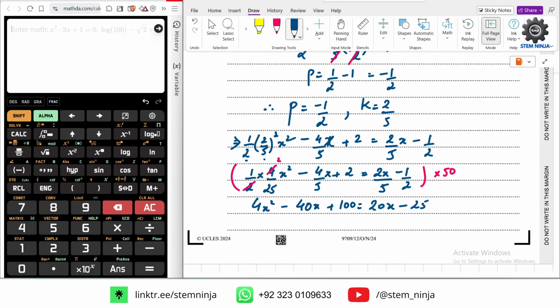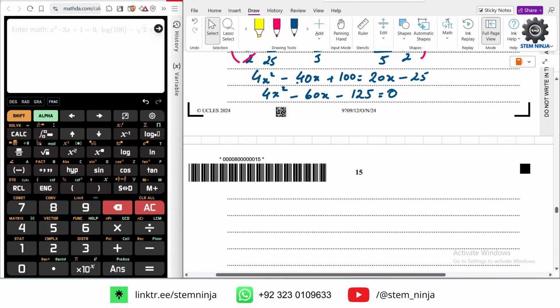So 2 over 25 times 50 will become this. So then we will get 4x squared minus 40 minus 20 minus 260x and minus 125x equals 0.